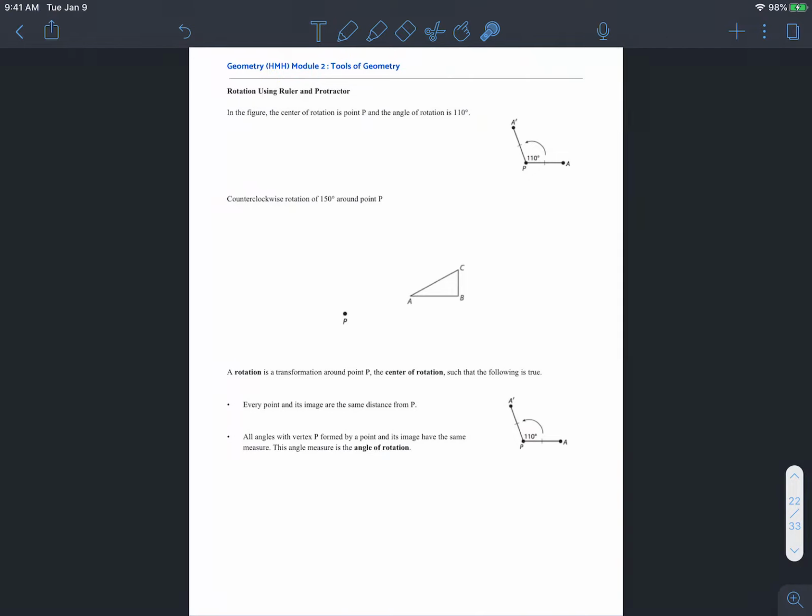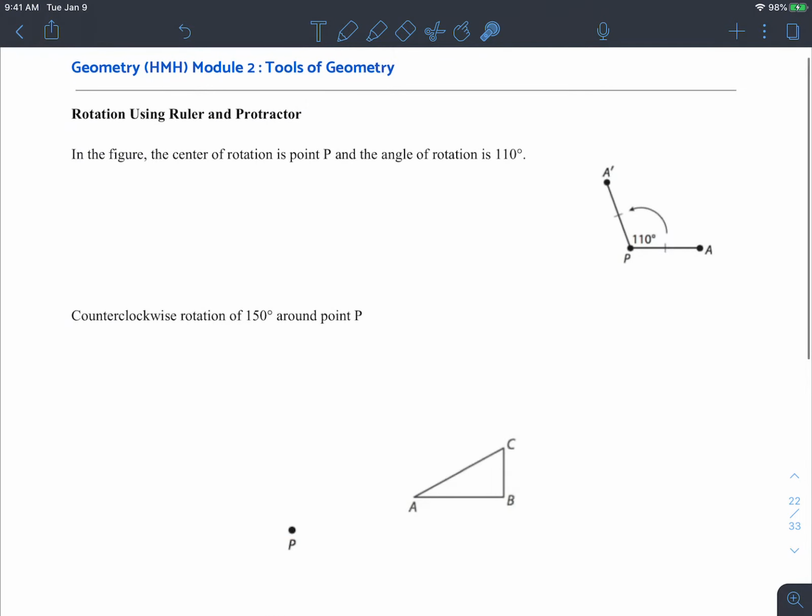Let's move on. So we have to use a protractor and a compass. And it's kind of hard to show you using a video because I don't have fancy animation tools, but we'll do what we can. Okay, with a little bit of imagination, I think we could do this. In the figure, the center of rotation is P and the angle of rotation is 180 degrees.